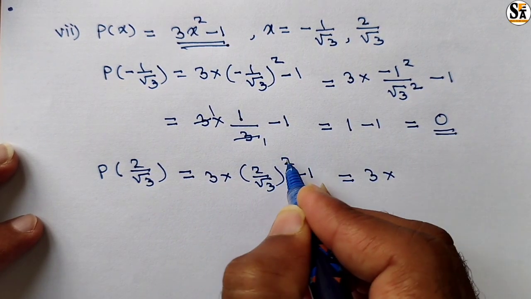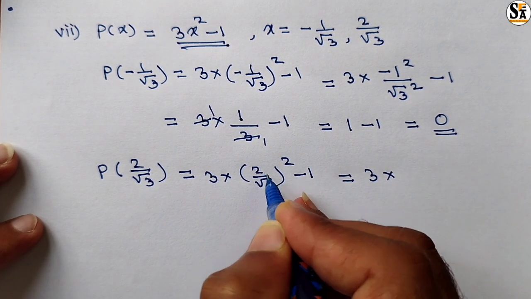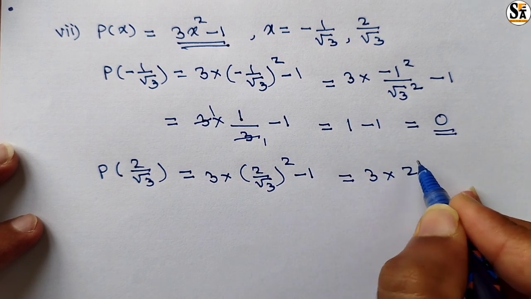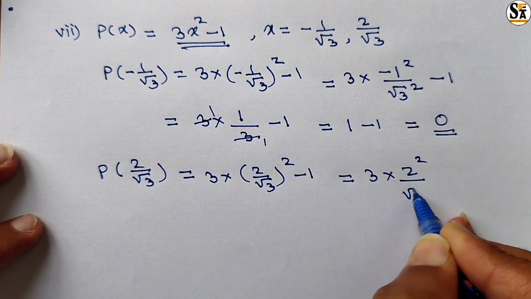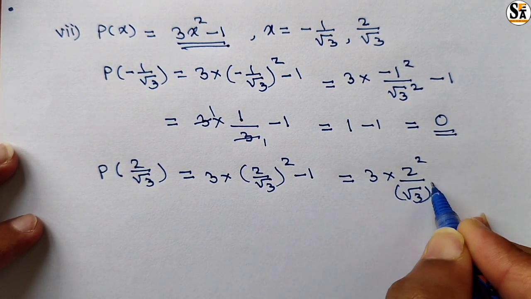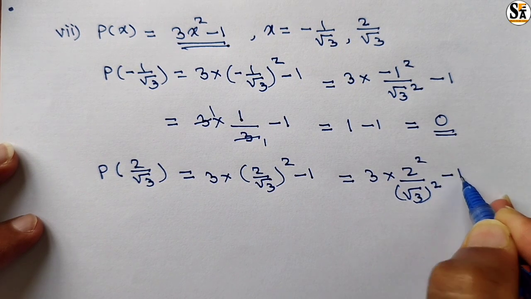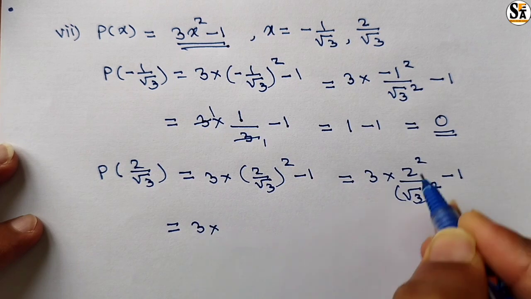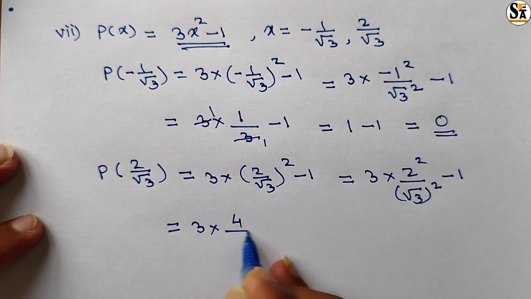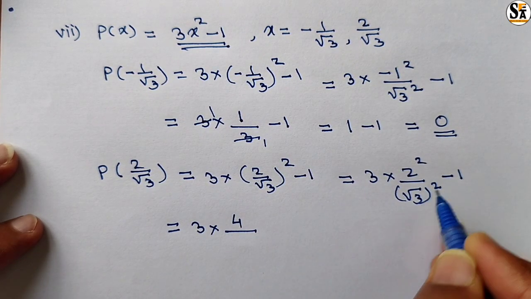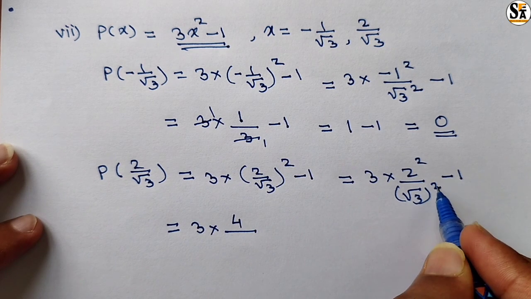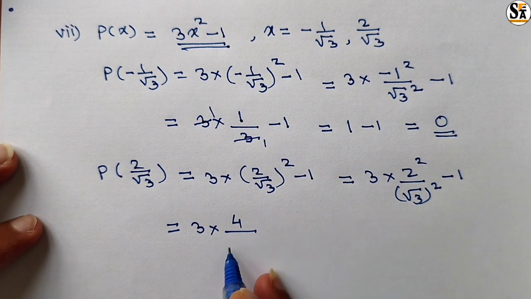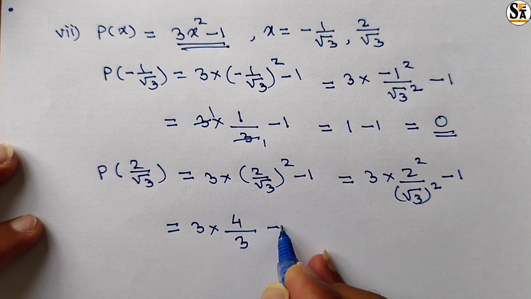Now as it is bracket square, it is applicable for numerator and denominator. So 2 square upon square root of 3 square, isn't it? Minus 1 as it is. In the next step, 3 will be as it is into 2 square is 4 upon square root of 3 square, means this will nullify square and this square root. So our answer will be 3 minus 1.